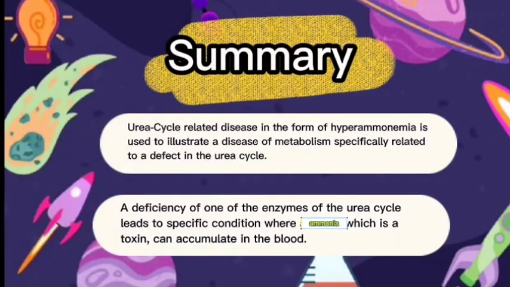Urea cycle related disease in the form of hyperammonemia is used to illustrate a disease of metabolism specifically related to a defect in the urea cycle. A deficiency of one of the enzymes of the urea cycle leads to a specific disease condition where ammonia, which is a toxin, can accumulate in the blood.